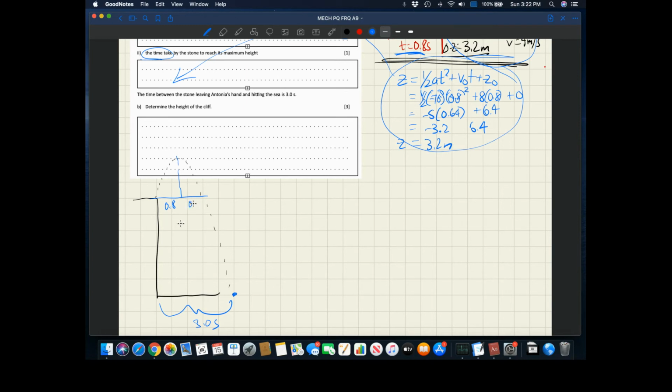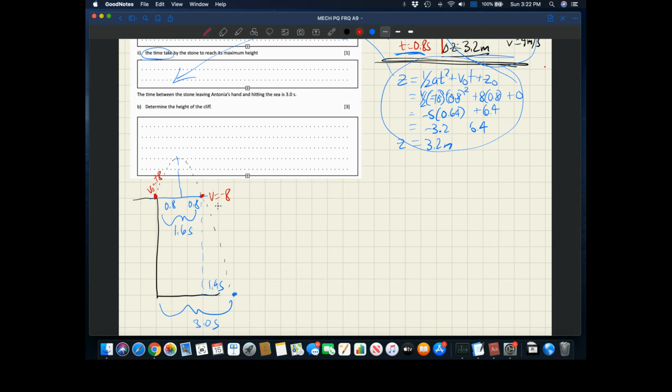We also know it takes 0.8 to come back to the same height. So that means that to return to the same height is 1.6 seconds, which means the last part of this is 1.4 seconds. We also know the initial velocity is plus 8, and we know the velocity here then must be minus 8.